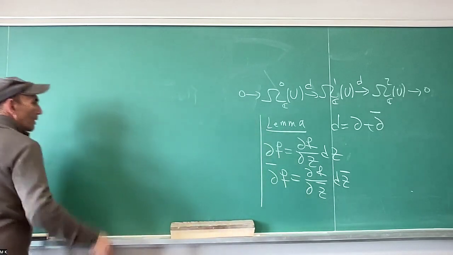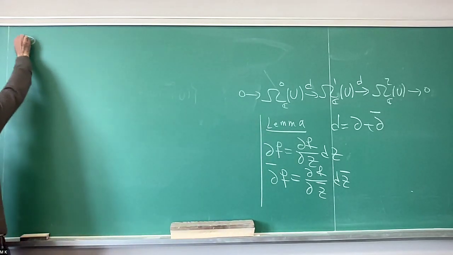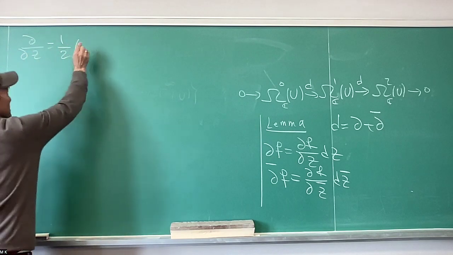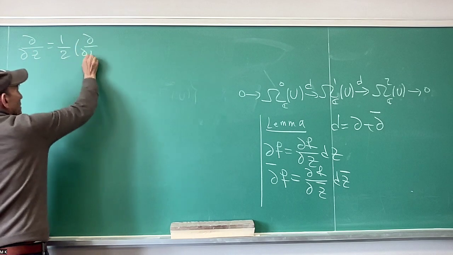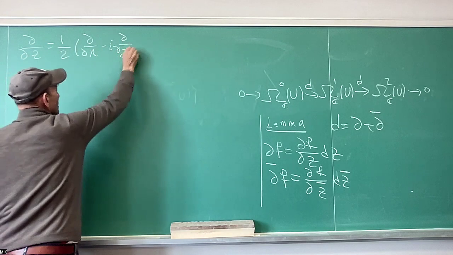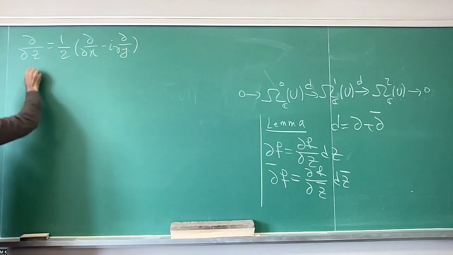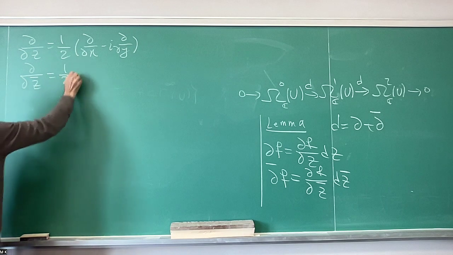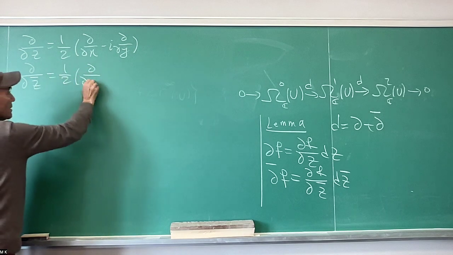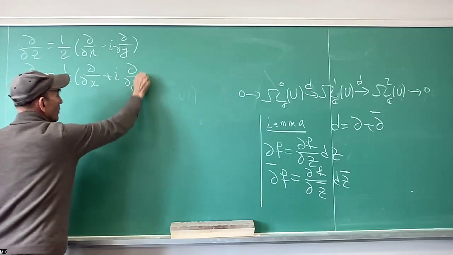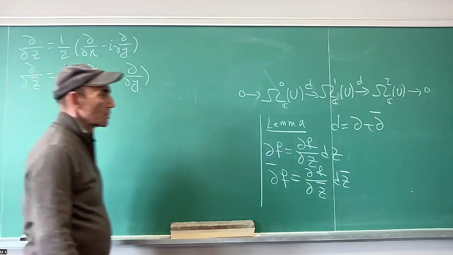Where d/dz is 1/2 (d/dx minus i d/dy), and d/dz bar is equal to 1/2 (d/dx plus i d/dy).